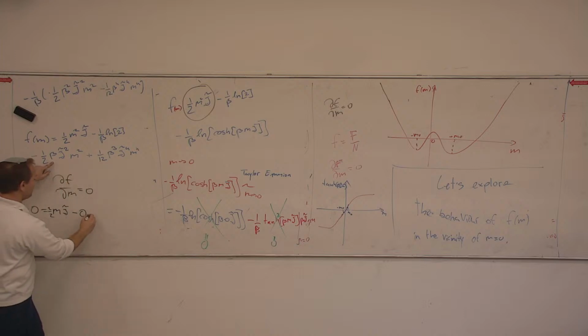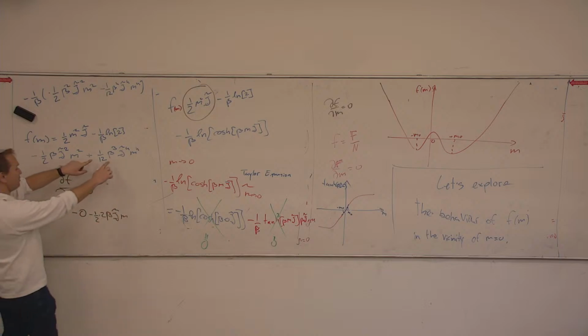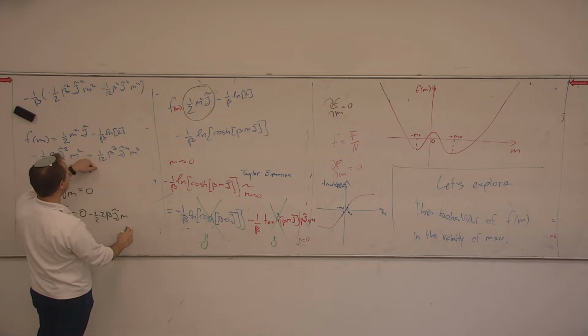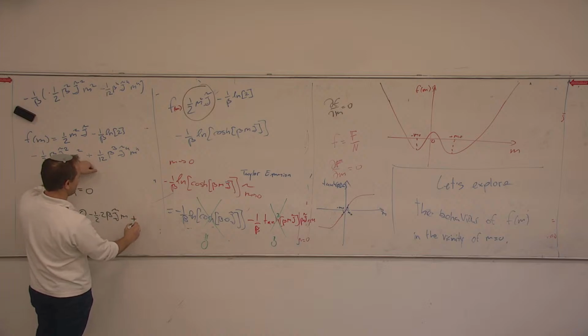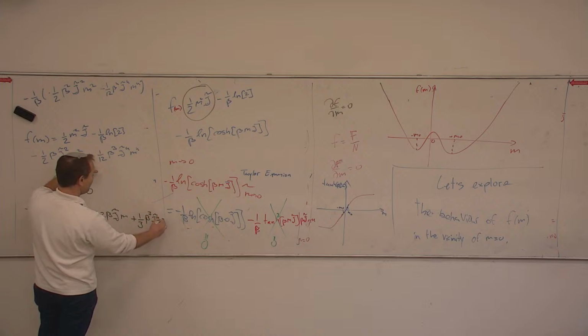We have minus 1/2 multiplied by 2 beta j tilde squared multiplied by m. And we have an additional term, which is plus 4 divided by 12, so it's 1/3 beta to the 3rd j tilde to the 4th m to the 3rd.